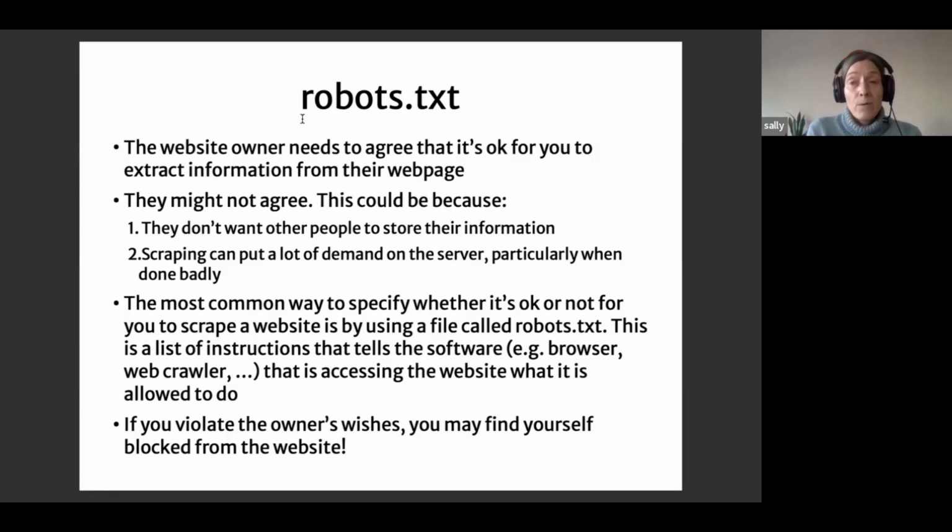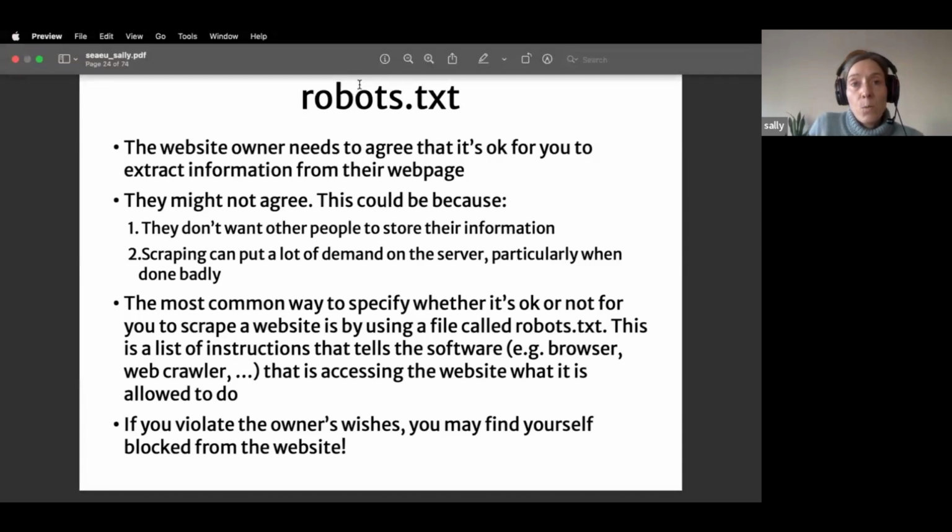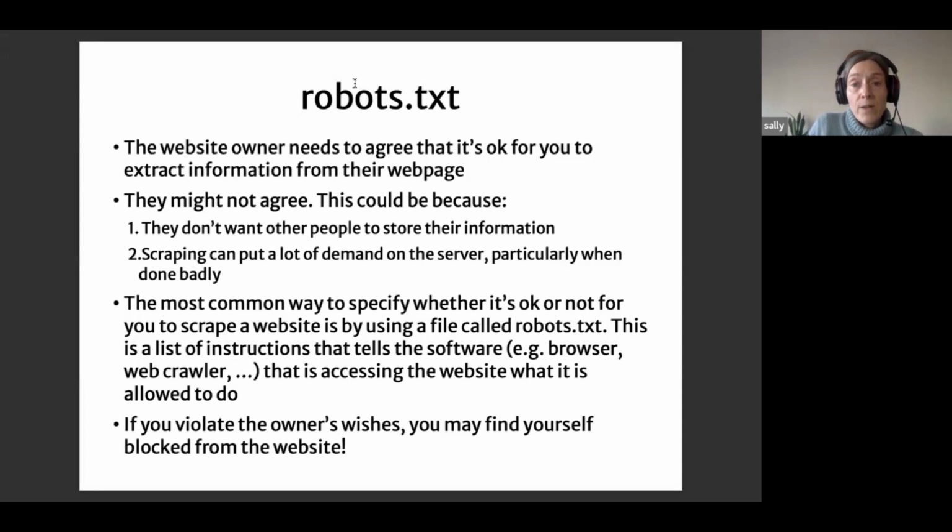And it'll tell you whether or not the site owner thinks it's okay for you to automatically extract information from their website. So they might not want you to do that, either because they don't want people to store their information, or because it's quite intensive for the server if it has lots of repeated requests trying to extract information.